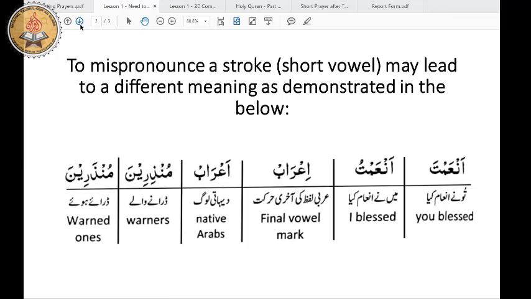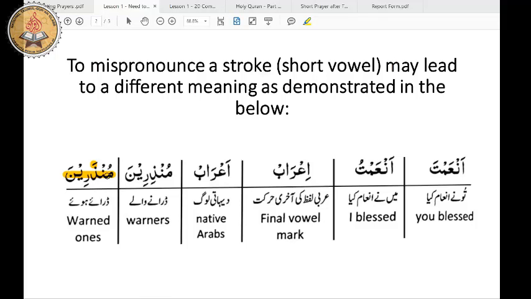Please pay attention. So for example here, this one. Okay, so this one and this word you can see, mundarina. Now this, even small strokes, they can have an impact on the meaning.